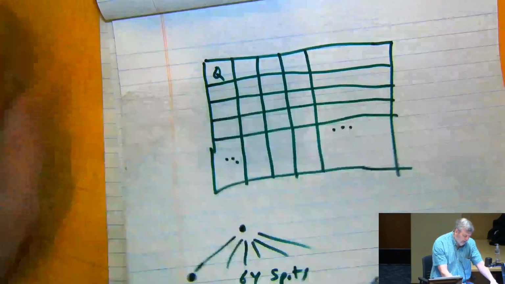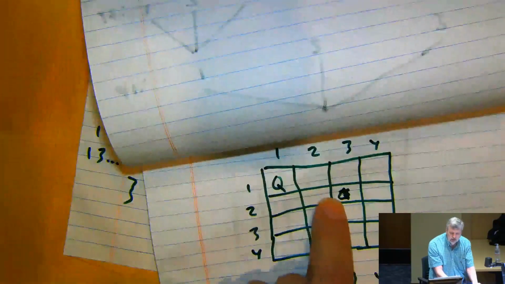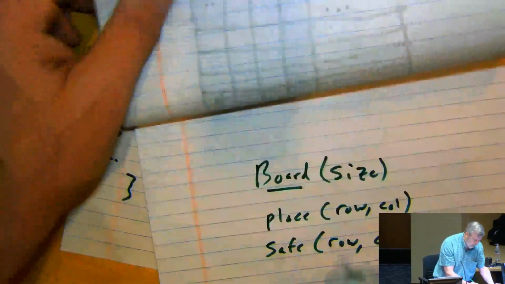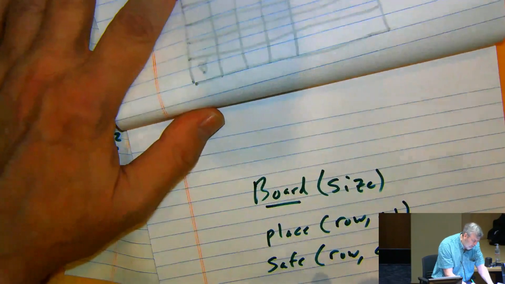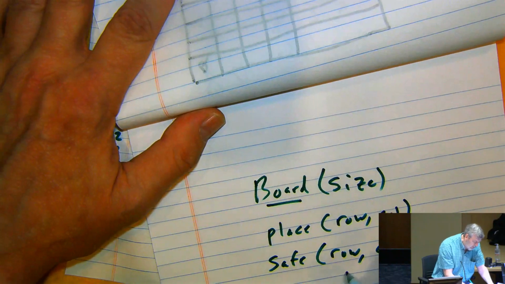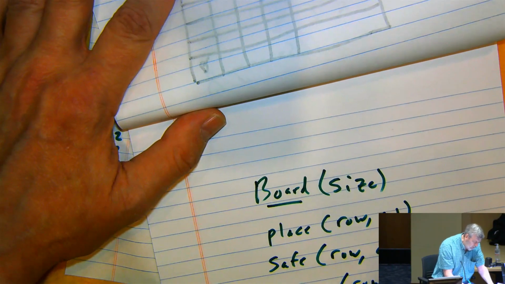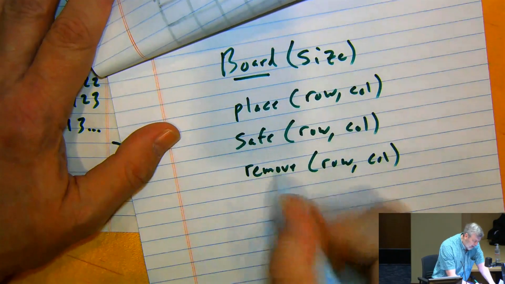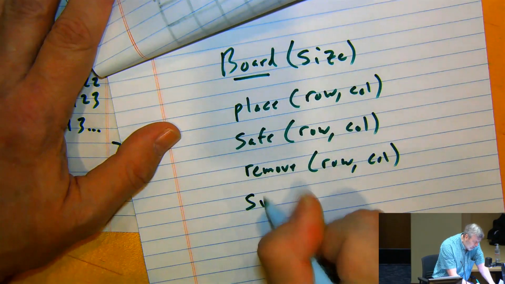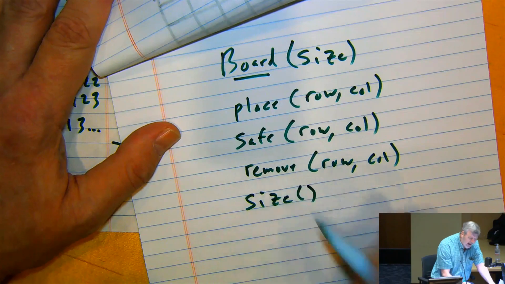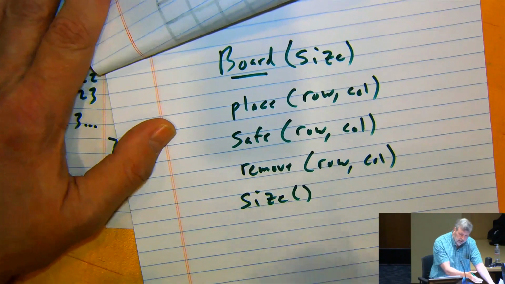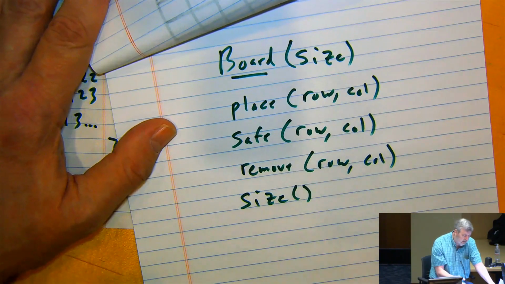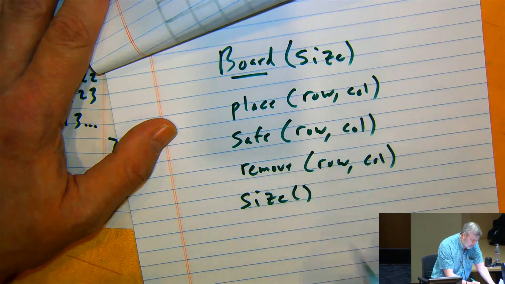And it may not be obvious, but remember what I was doing back here, that I kind of crossed out the old one, erasing where I had placed a queen before. We're going to want to have a remove command that allows me to remove a queen that I had placed previously. I included something where the board would remind me what its size is, because there's going to be different sizes. 8 is standard, but it's the n queens problem.